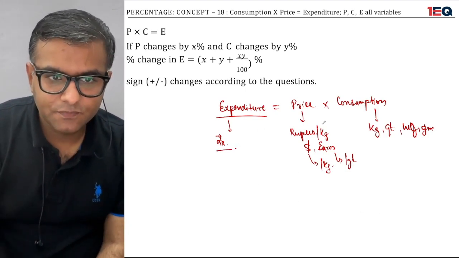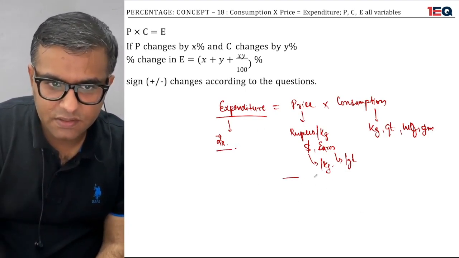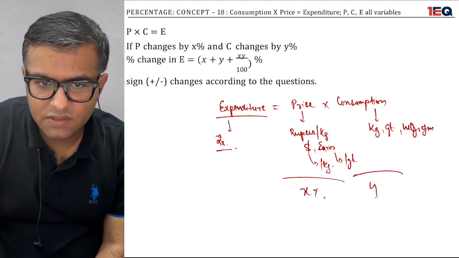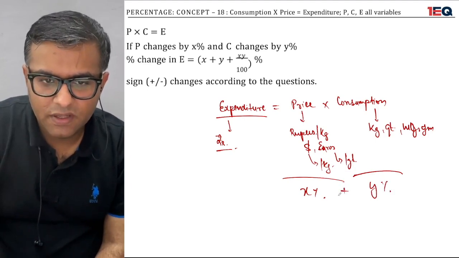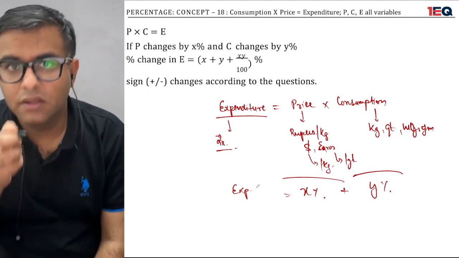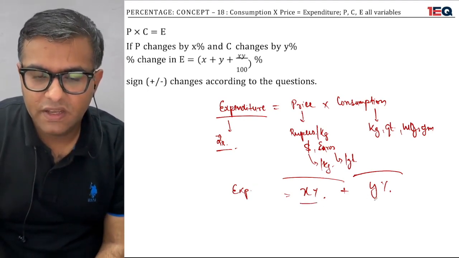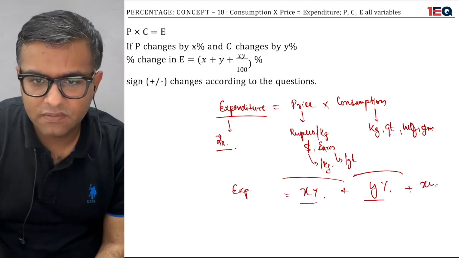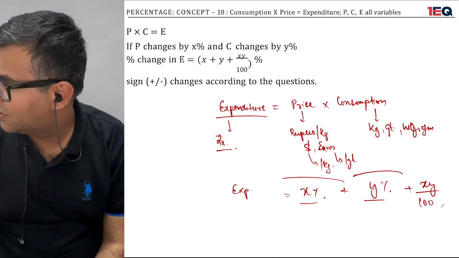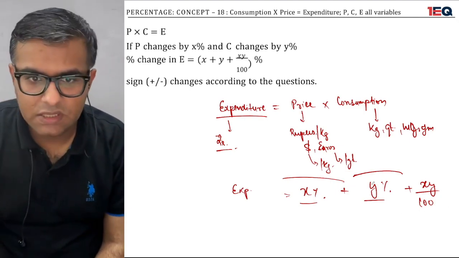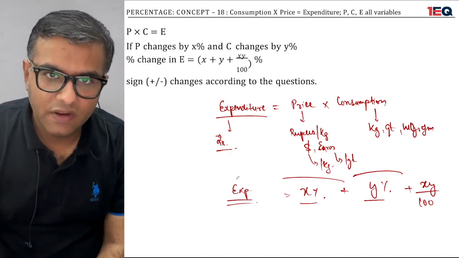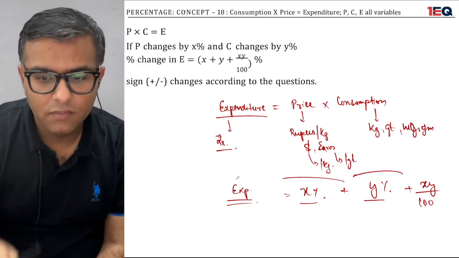The question says if there is a change in the price, which is equal to X%, and a change in consumption, which is equal to Y%, it can all be reflected in expenditure by the simple formula X% plus Y% plus XY upon 100. So there is a very clear way of finding out the increase in expenditure. I hope you understand.